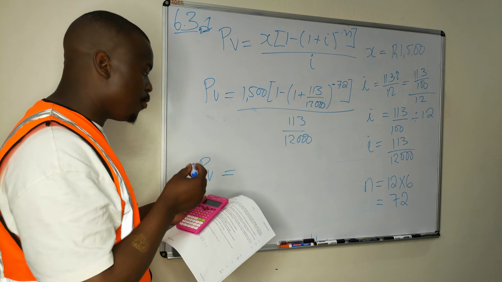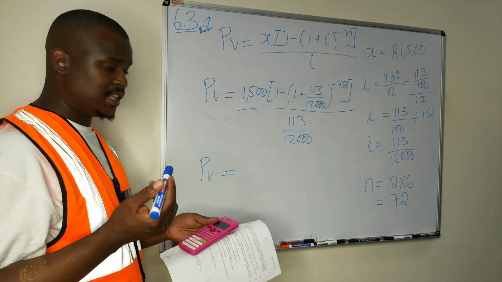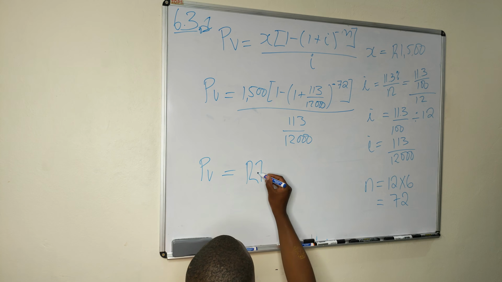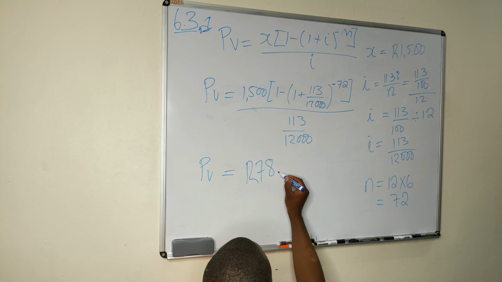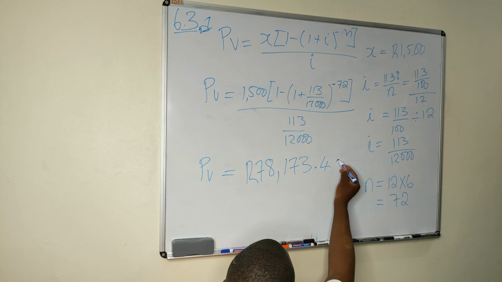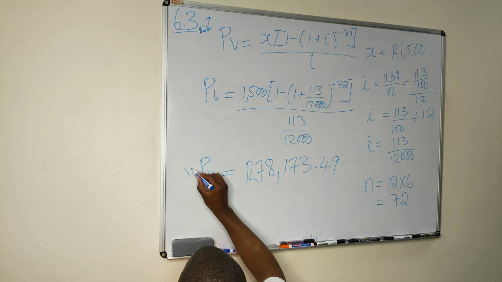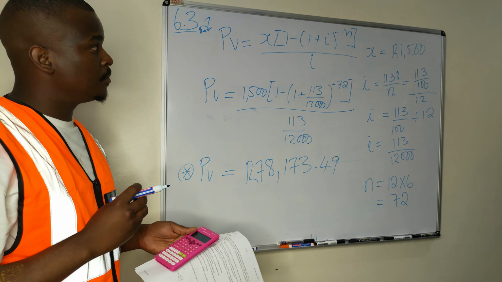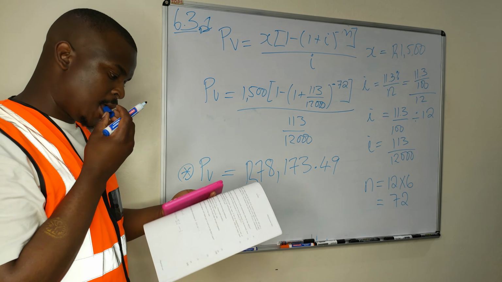So your present value, which is the amount of the loan that Mpho took out, is 78,173 rand 49 cents. This is the amount that Mpho took on loan.